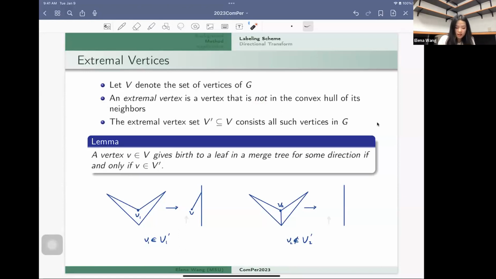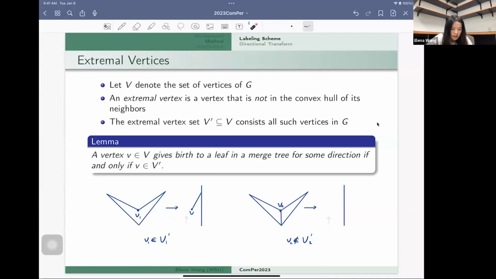For example, in the graph on the left side here, V1 has 2 neighbors, these 2 vertices, and their convex hull is this straight line. V1 is not in that convex hull, hence it's an extremal vertex. On the contrary, once I add this edge right here, V2's neighbors are now these 3 vertices, and the convex hull is the triangle. And V2 is now in the convex hull, hence it's not an extremal vertex.